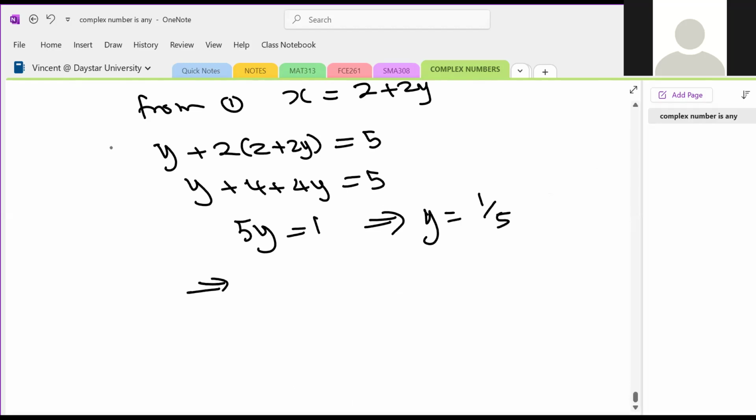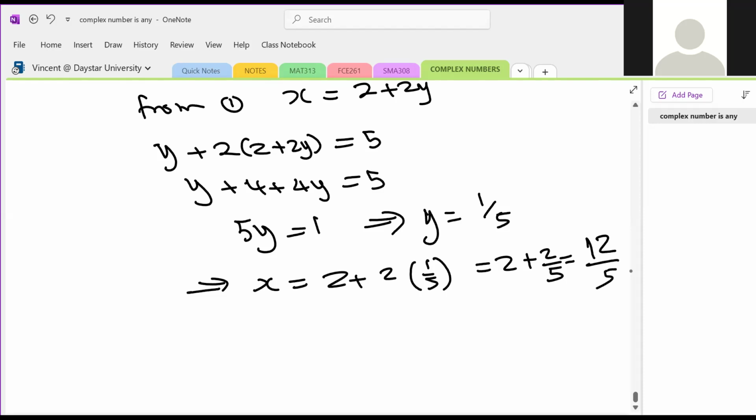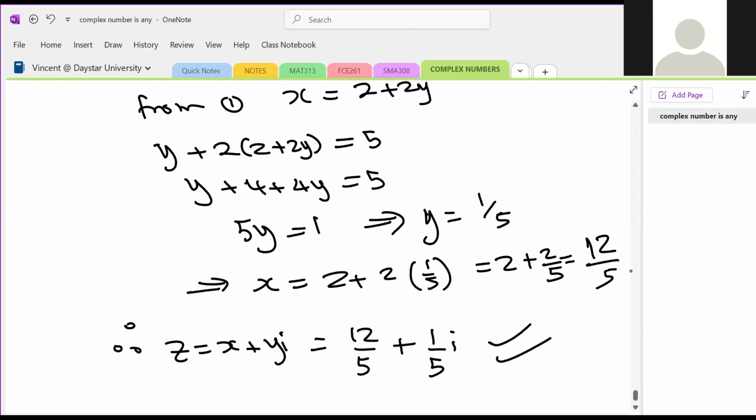And then x will be 2 plus 2 times 1 over 5, so 2 plus 2 over 5. When you work out, you get 12 over 5. So therefore, z, which is x plus yi, is 12 over 5 plus 1 over 5 i. And you see that both of them give us the same value.